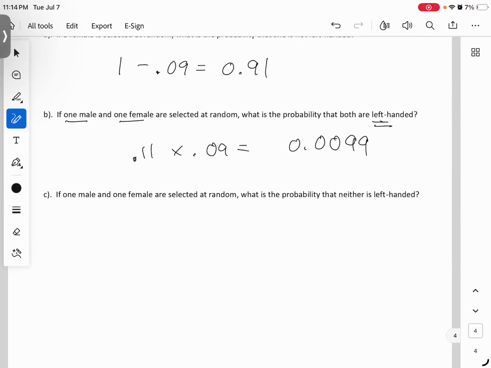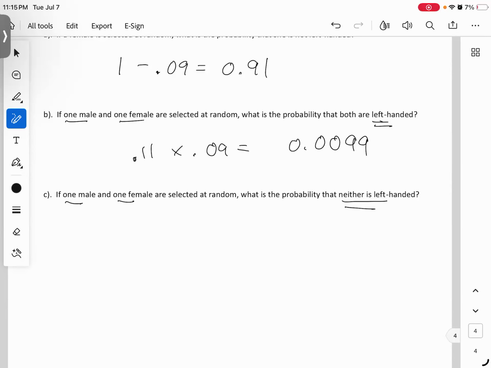And then C, I think probably the best way to describe what C is about, we just did lefty times lefty. And now what C is doing is it wants you to do a righty times a righty. The way they say it is you want one male who is not left-handed, and then you want a female who is also not left-handed.